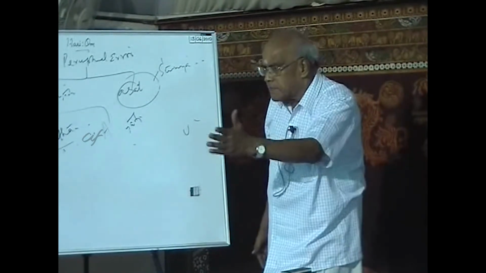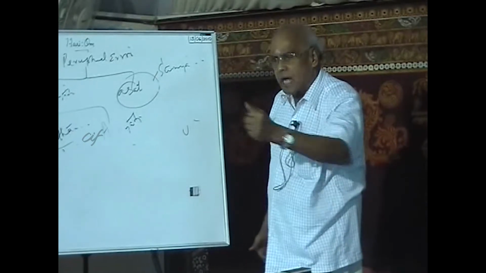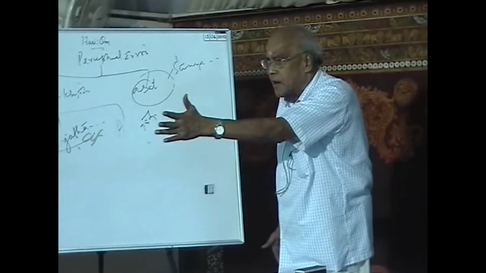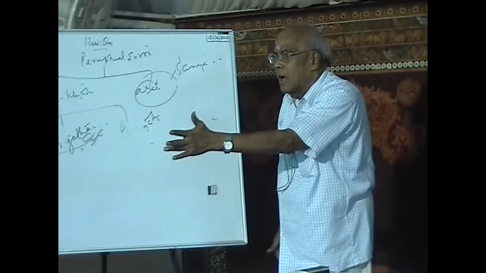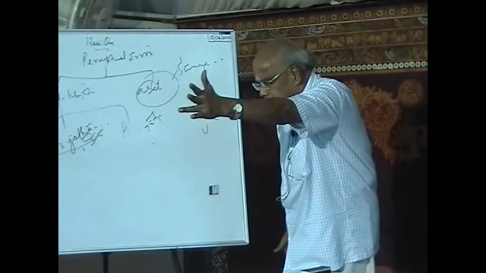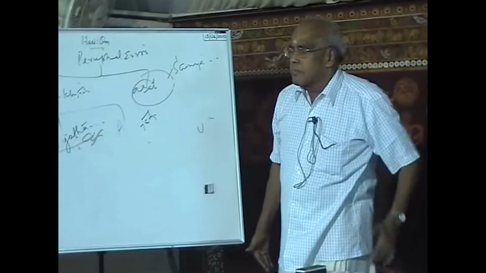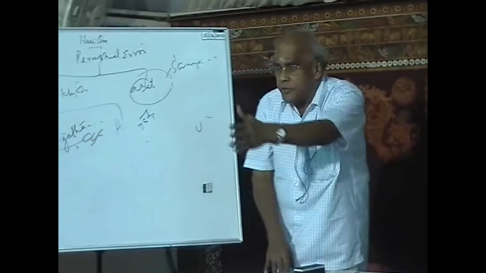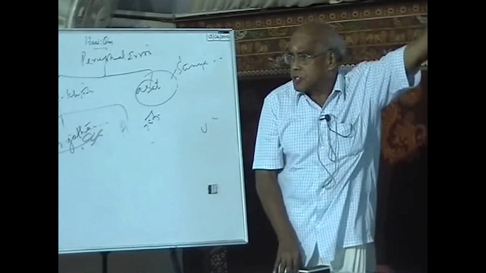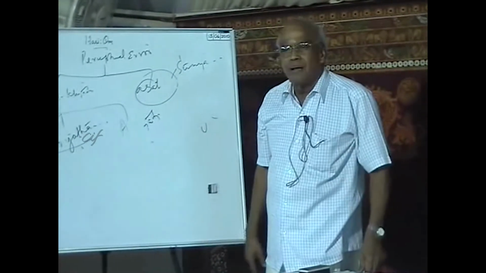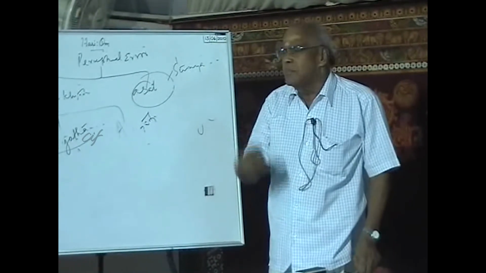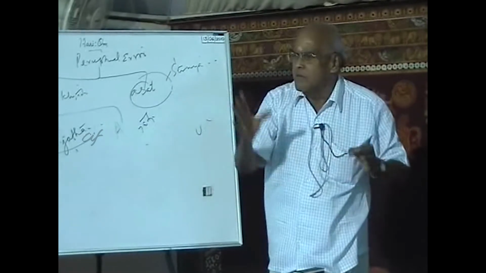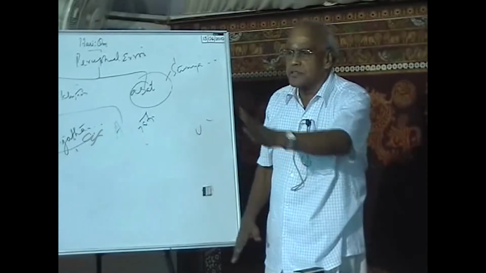Now when I correct myself, when there is the badhaka jnana, I say this is not silver, but shell. Then if I make the correction, I must say this is not silver, but the silver is in the shop. I don't say that. Why do you foist something on me when I do not make such a claim? My simple claim is this is silver. Subsequently I say this is not silver but shell.